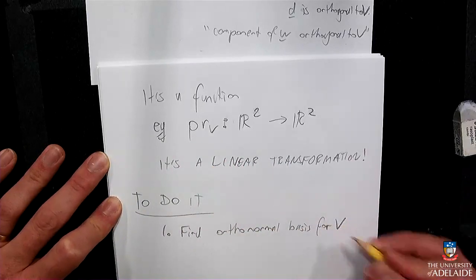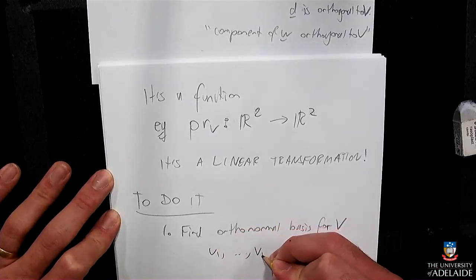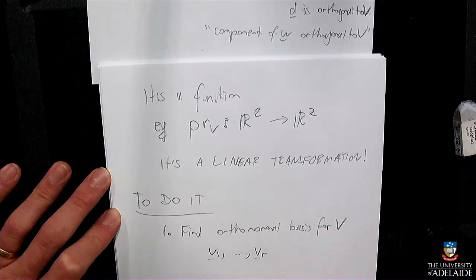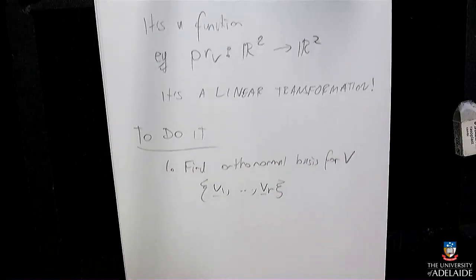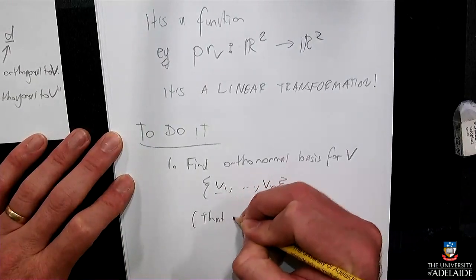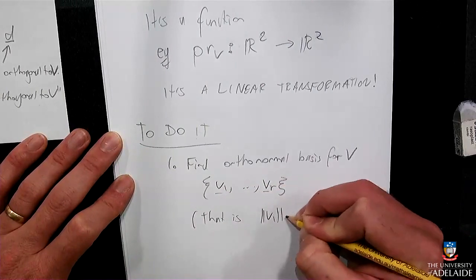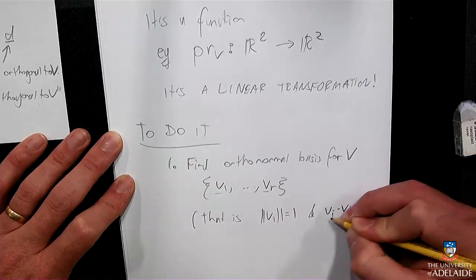We have to find an orthonormal basis for V, and I shall call them V1 up to VR. Okay, so it's very important that it's an orthonormal basis or this process won't work. If it's an ordinary basis, it won't work. If it's just an orthogonal basis, it won't work. It has to be an orthonormal basis. And what that means is the length of all of them is 1, and when you dot two different ones together, you get 0.